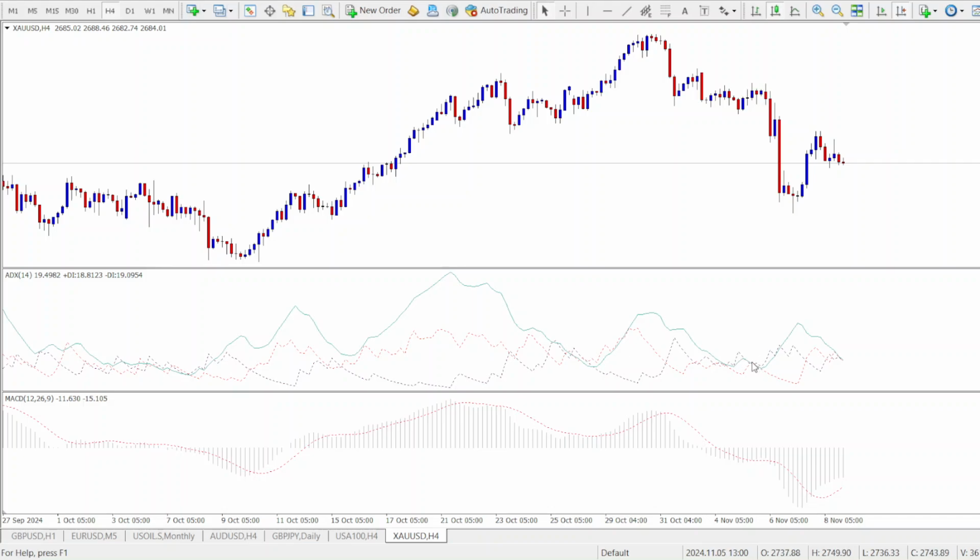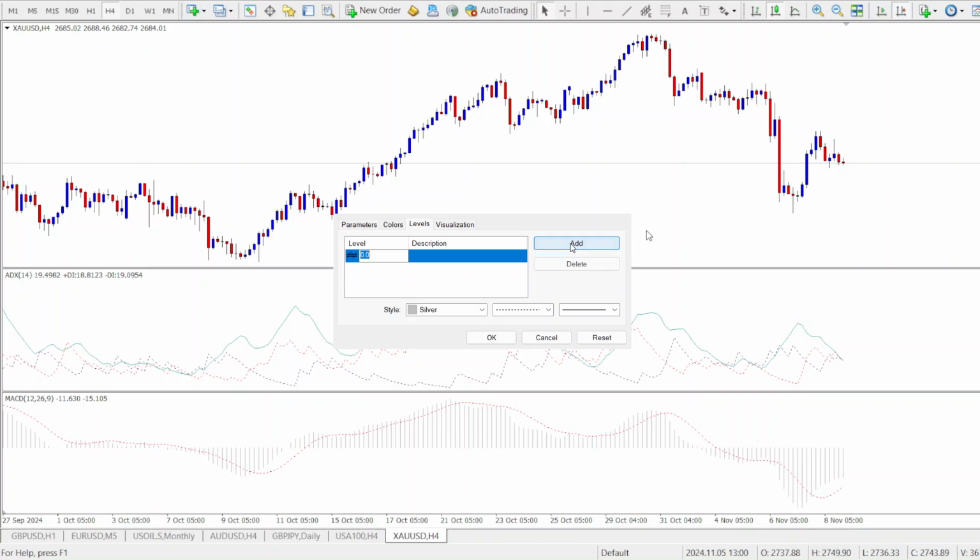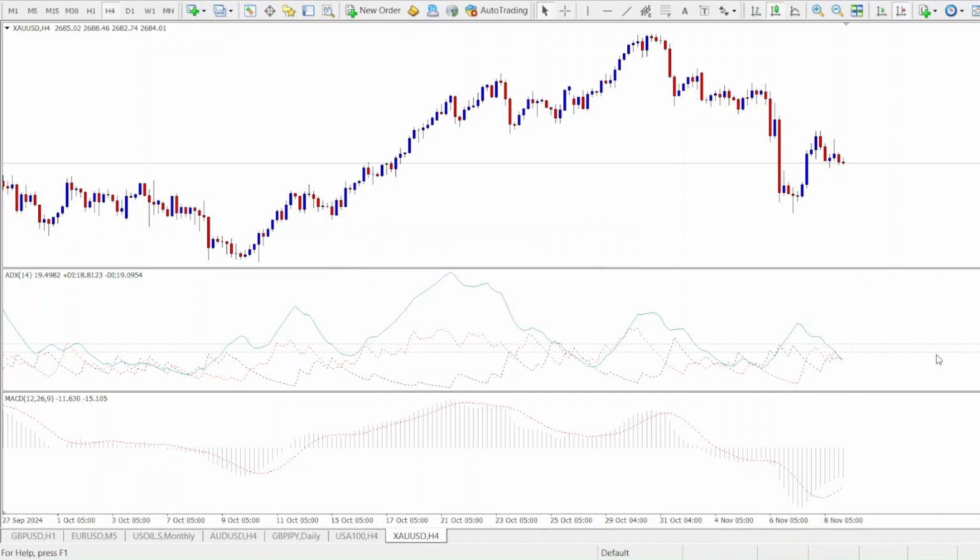But then when using this indicator, you can manually input the levels you want to use to monitor the strength of the trend. And I'm going to recommend inputting the 25 level and the 30 level. Okay, you can see they have appeared here.